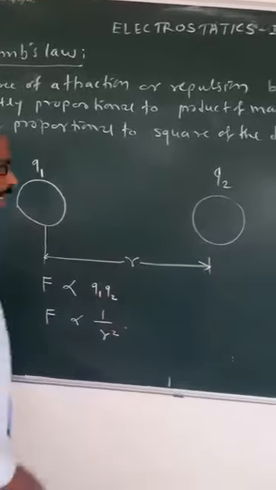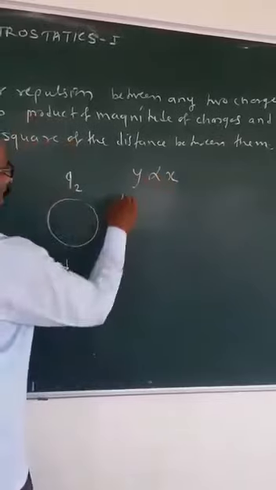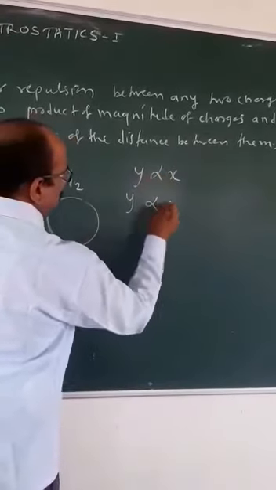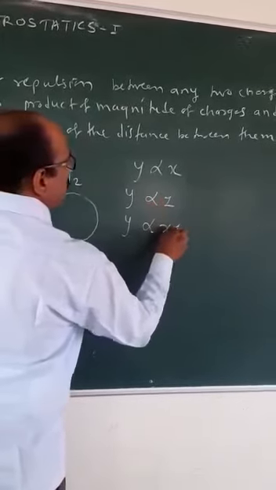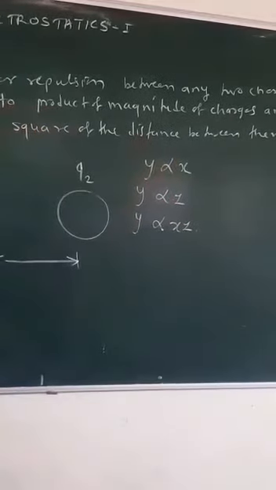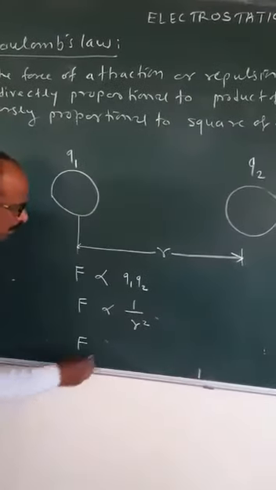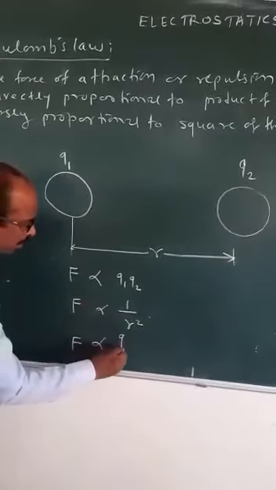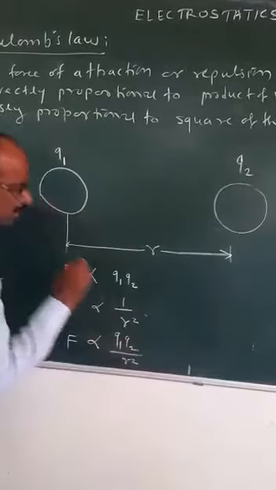We know that if y is directly proportional to x and y is directly proportional to z, then we can write y is directly proportional to x into z. By using this principle, we can write F is directly proportional to Q1 Q2 divided by r square.